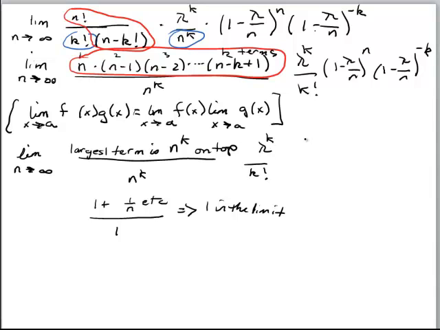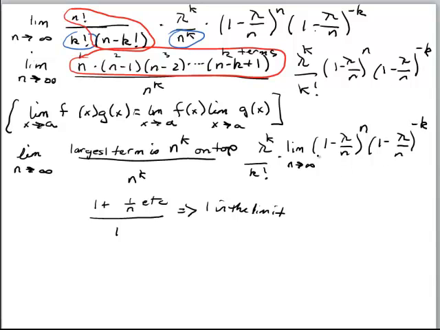And then this part is going to be, right, the limit as n goes to infinity of (1 minus lambda over n) to the n, and then times (1 minus lambda over n) to the minus k.